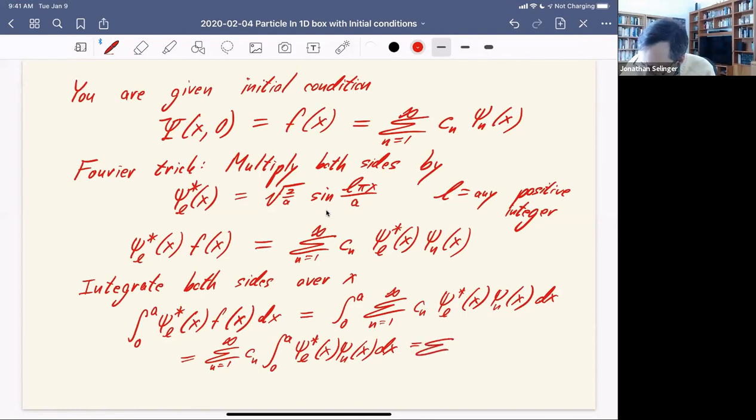We have the sum of Cn times the integral of square root of 2 over a sine of L pi x over a, times square root of 2 over a sine of n pi x over a, dx.